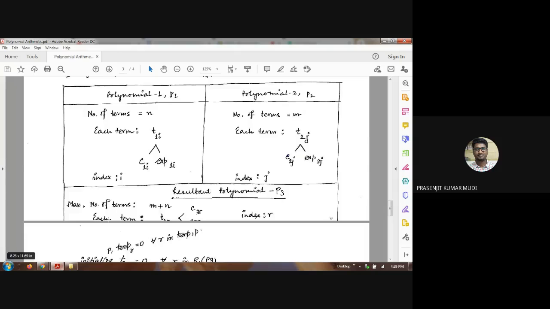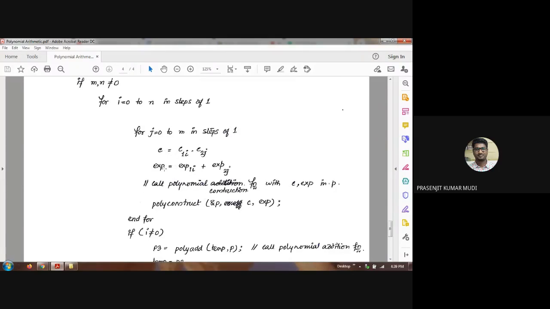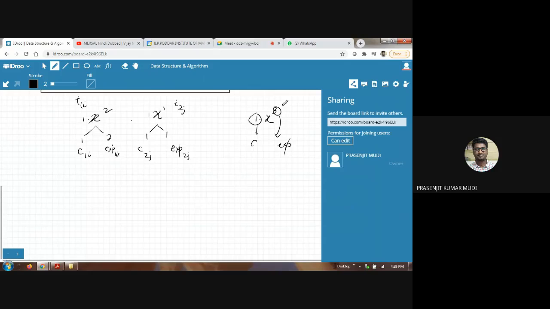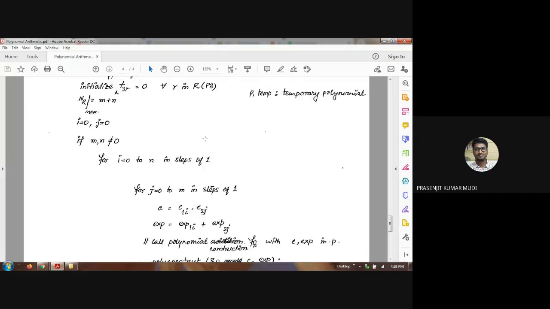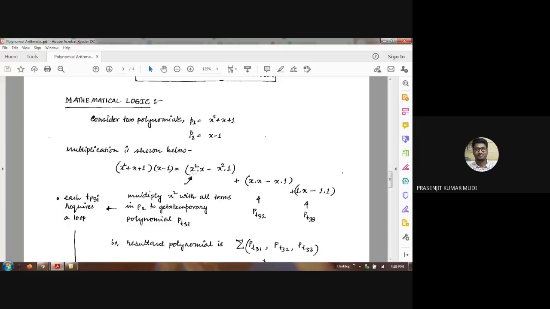So you are computing C, you are computing exp to get this overall thing. That means what you have computed according to this, one single such thing, x square into x.